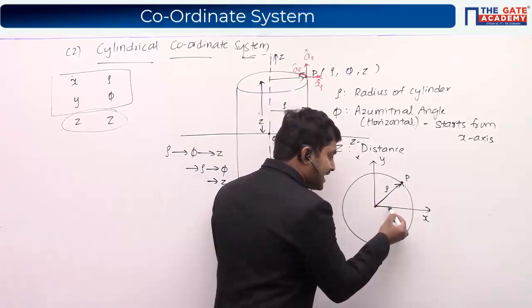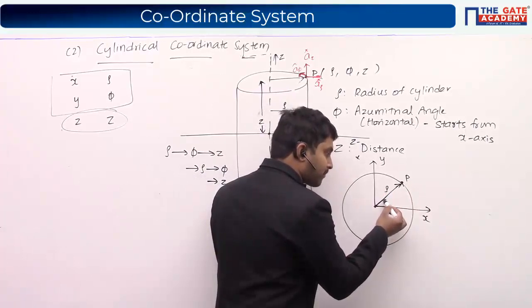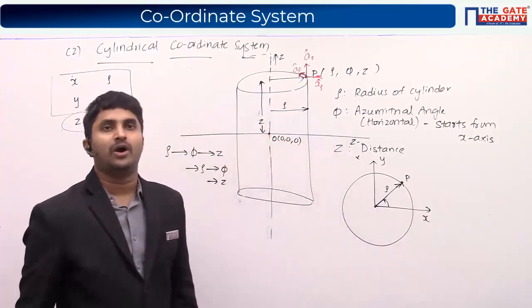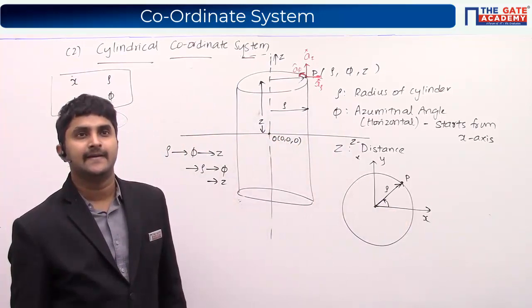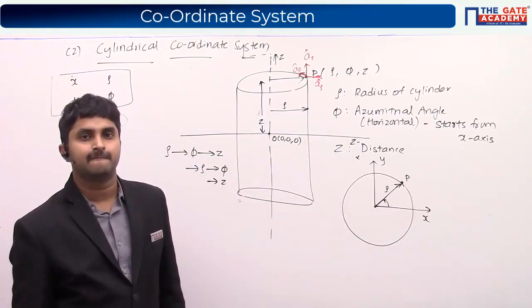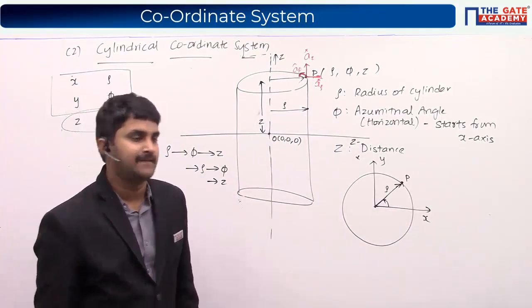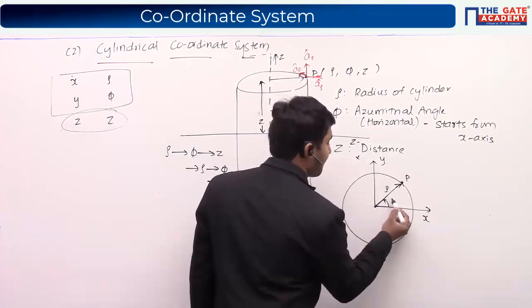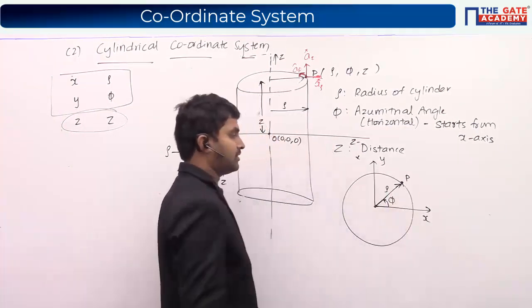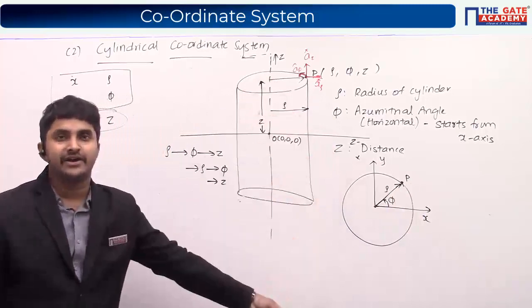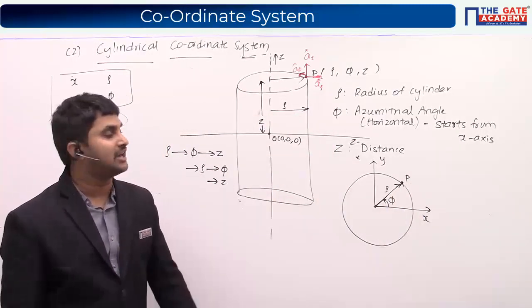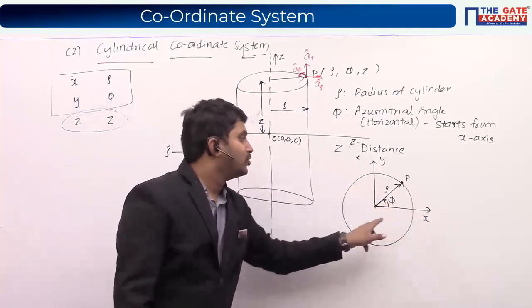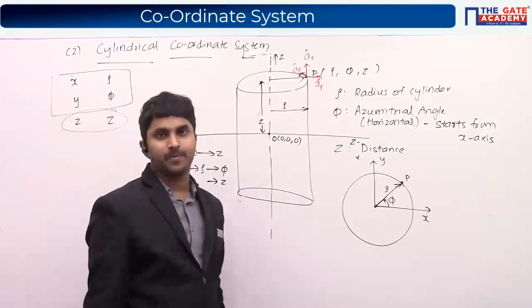What is this angle? Very good. This angle is phi. So here, by fixing z, we are able to establish the relation between x, y, rho and phi.